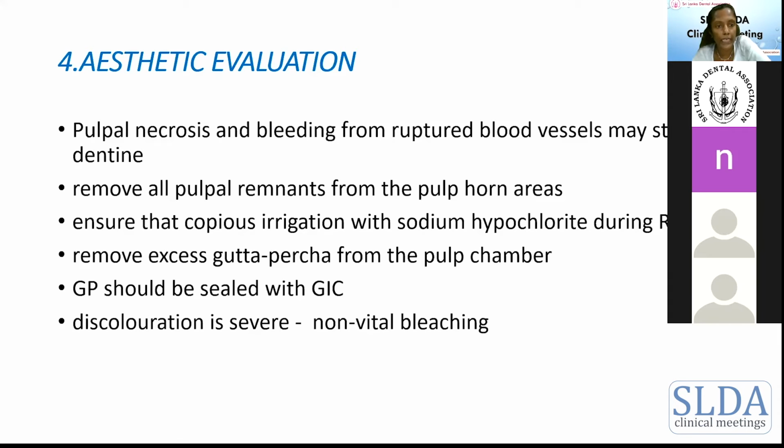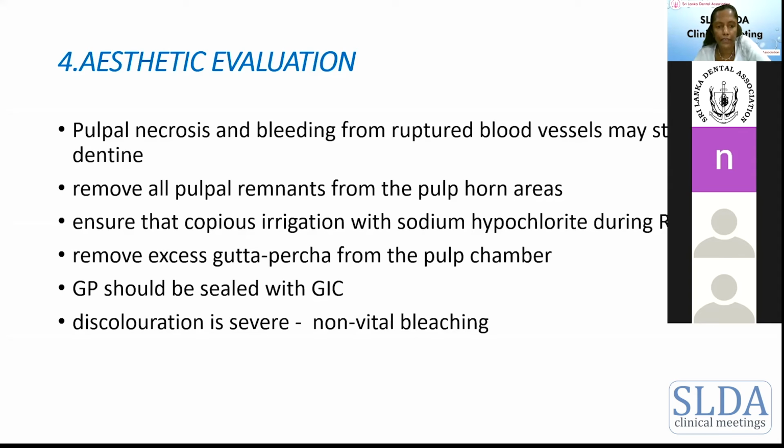Therefore, during endodontic treatment, you can remove all pulpal remnants from the pulp horn areas, use a lot of irrigation with sodium hypochlorite, remove the excess GP from the pulp chamber, and seal the GP at the cervical margin with GIC in order to prevent the discoloration.